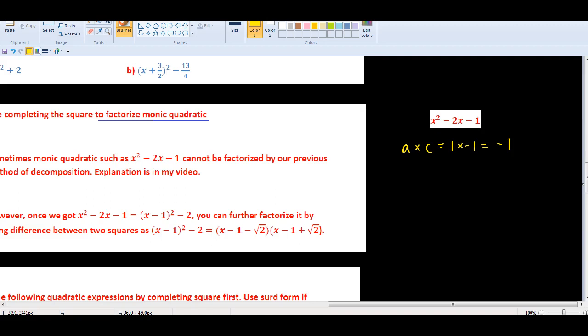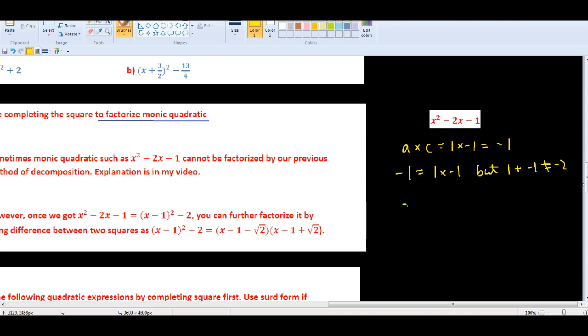When they multiply together, they get A times C, and the sum of the two numbers gives you the middle number, right? A times C is minus 1, so there are not many choices. The only choice is to rewrite minus 1 as 1 times minus 1. But when you add 1 with minus 1, it can't be minus 2, right? It's 0.